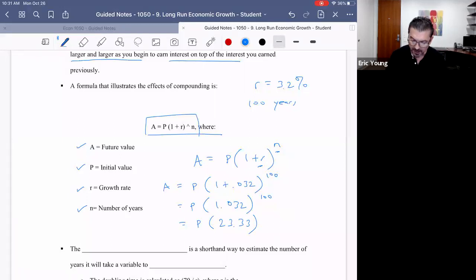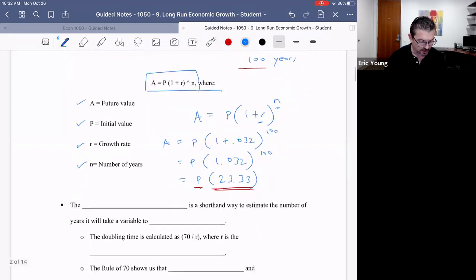What this means, my friends, is that every $1 of wealth, income, or real GDP per capita will grow to $23. This is a massive jump, and it can bring real benefit to the people who live there.